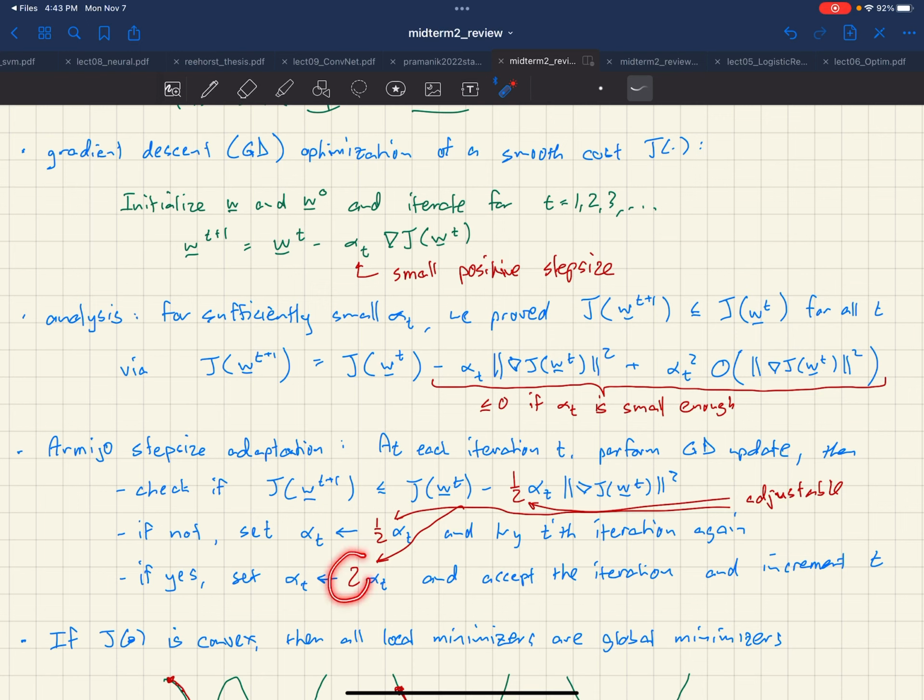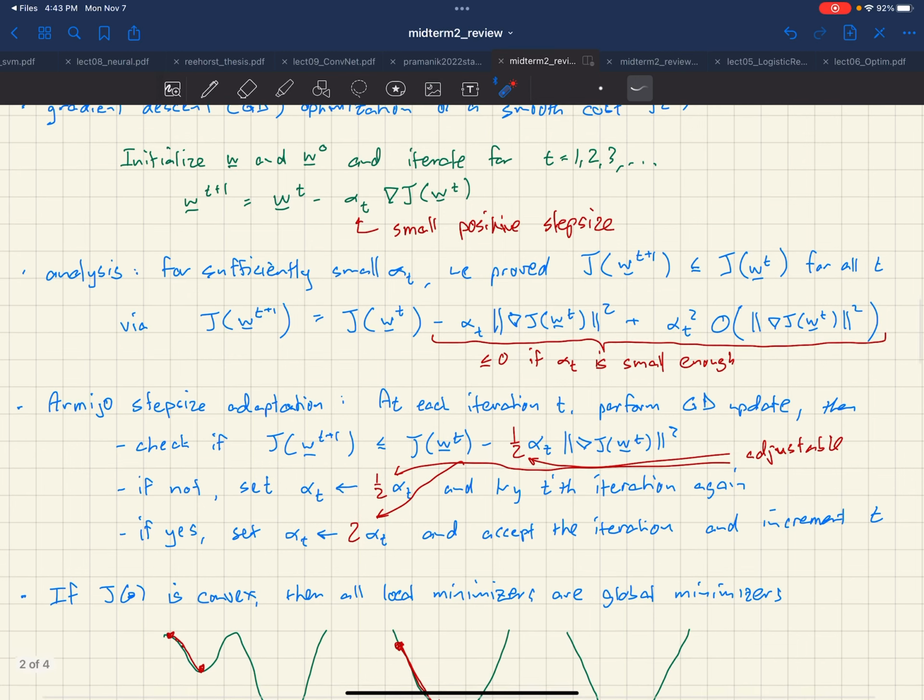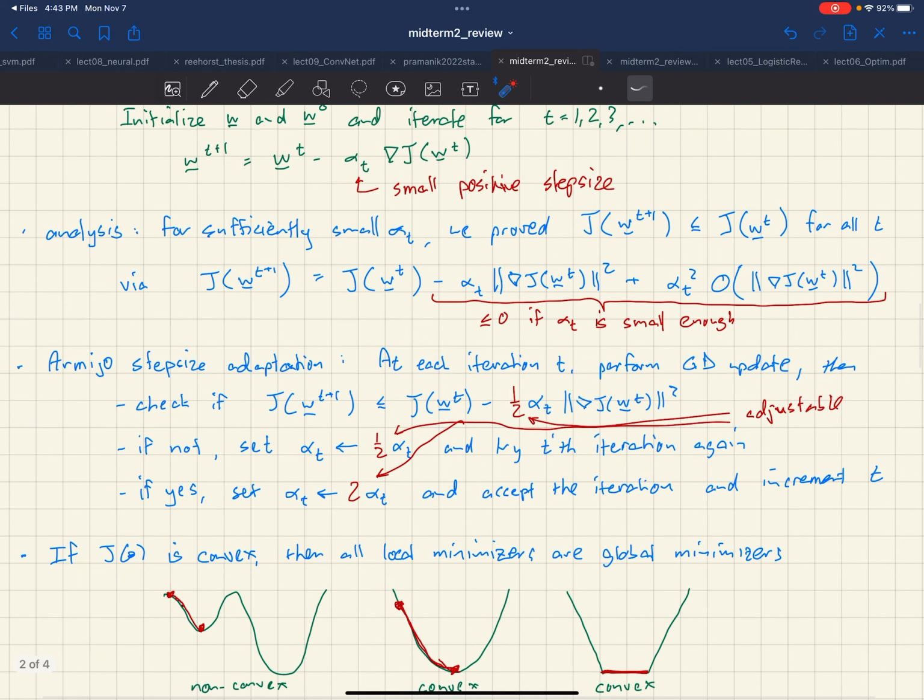For this, I would personally use something closer to maybe 1.1, and then maybe 1/2 for this. So this is the Armijo method. It's one of many methods out there that are designed to adapt the step size. It's just a pretty famous one that's taught in a lot of intro optimization courses.